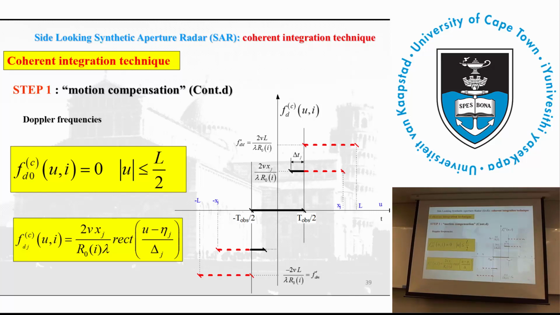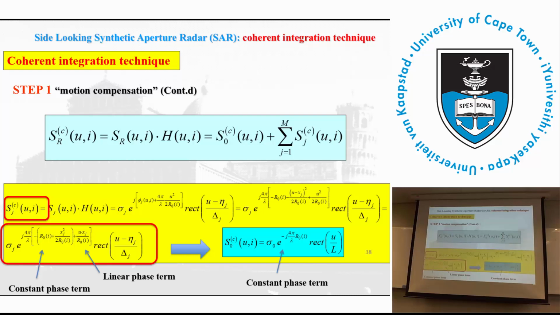So we got sigma 0 times a phase, which is constant. I just write it like that. And that's a component, sigma 0. So I call this phi 0. It's a constant value.